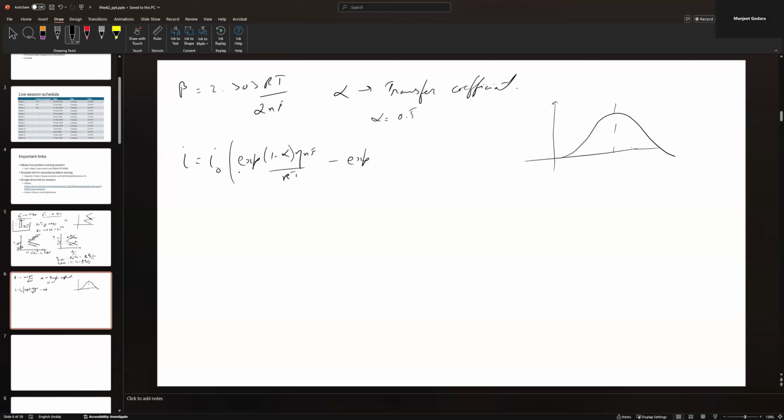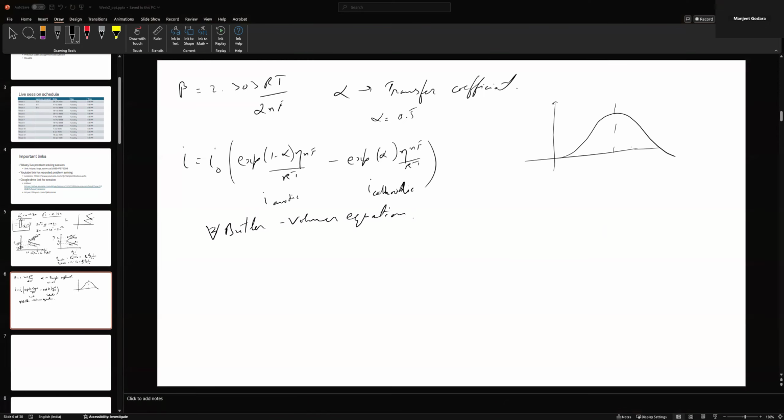This is the anodic part, and this is the cathodic current. So this is the Butler-Volmer equation.